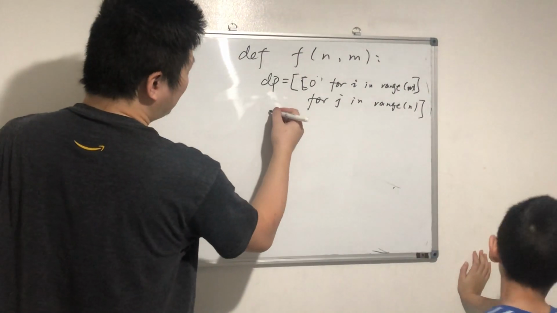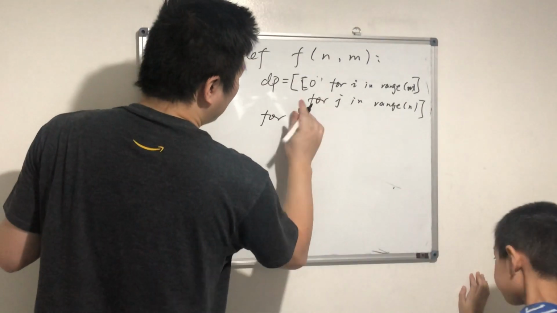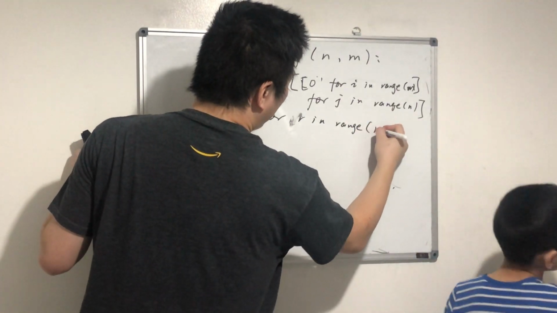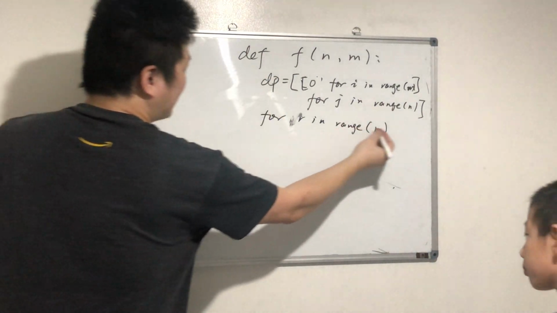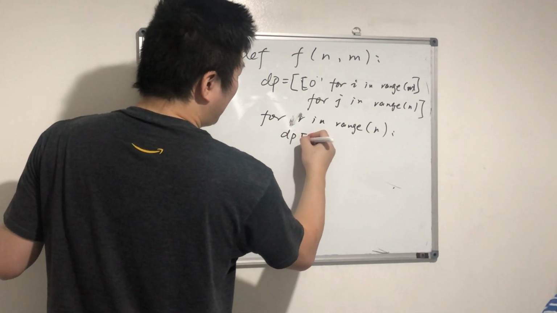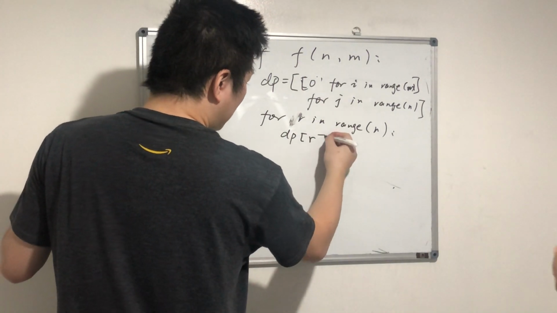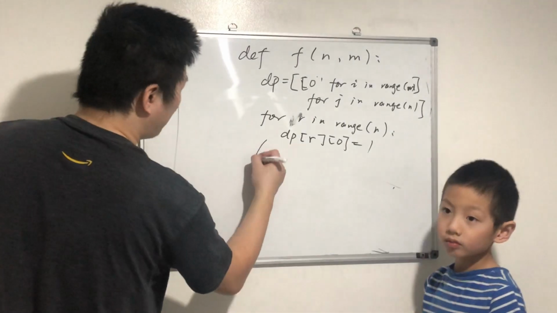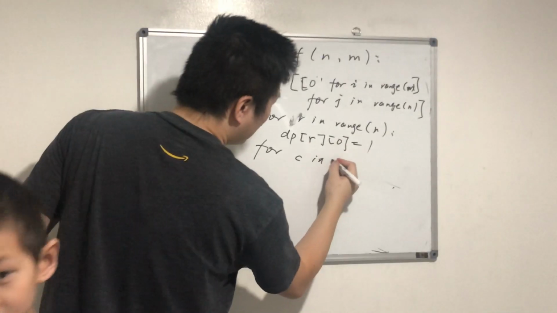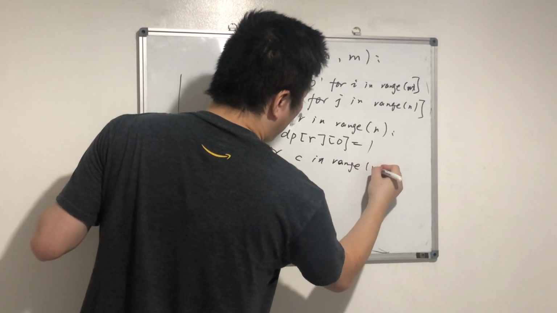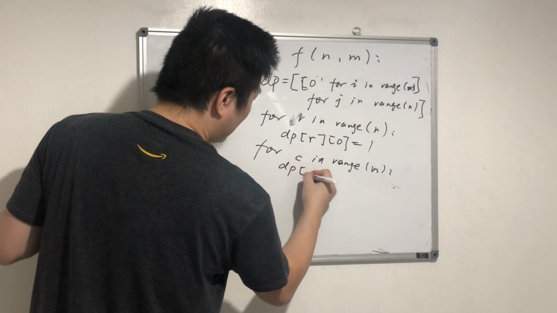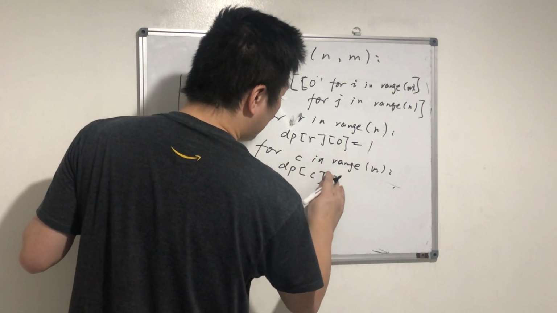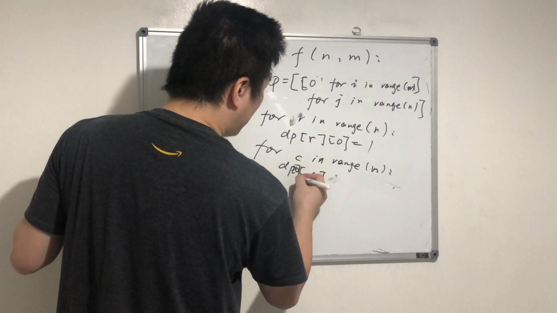Two-dimensional, and then I need to specify the for loop over rows. This is a bit complicated. Range n. Okay, so n lines, and then I can say dp of row r, the first column is 1, right? The same for c in range n: dp[0][c] equals 1.